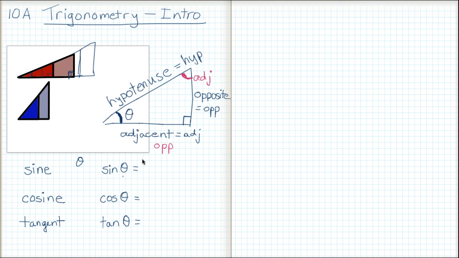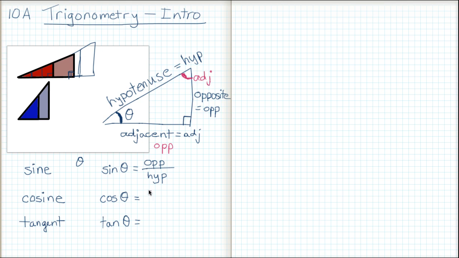So this is theta. If I want to find the sine ratio of the angle here, the sine is always the opposite side over the hypotenuse side. So I would find out whatever the opposite is and divide it by whatever the hypotenuse is, and that would give me the ratio of the opposite to the hypotenuse of all of the triangles that have this angle and right angle in them.